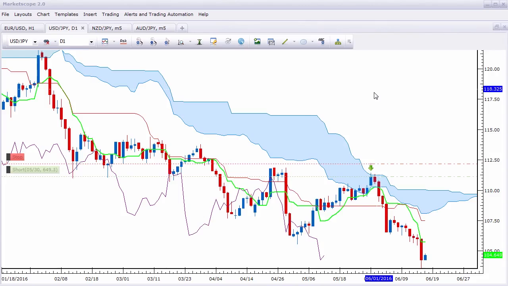Usually the Kumo will offer several layers of defense. In this case that could be the lower half of the Kumo, or the other side of the Kumo. After we had a brief rejection off it and then penetrated into it, I felt like the flat portion at the top of the Kumo here would offer resistance.